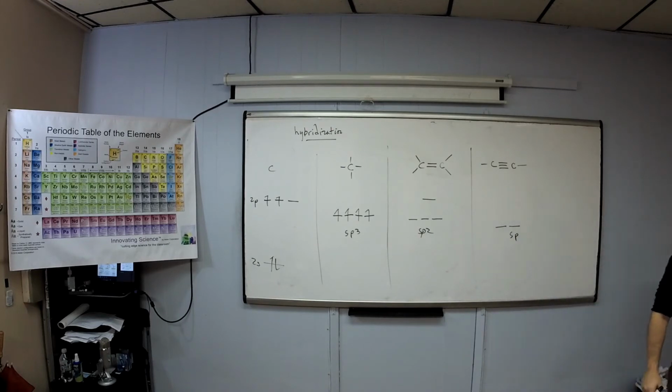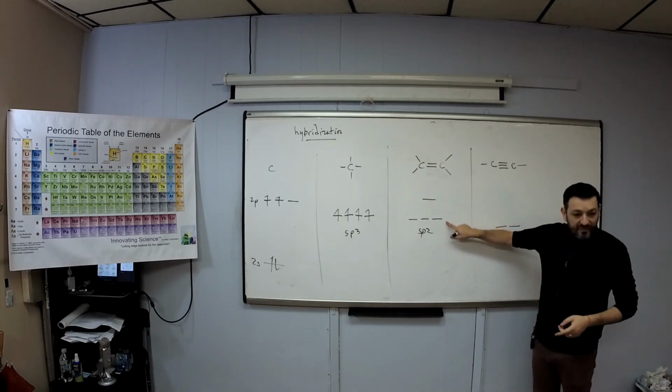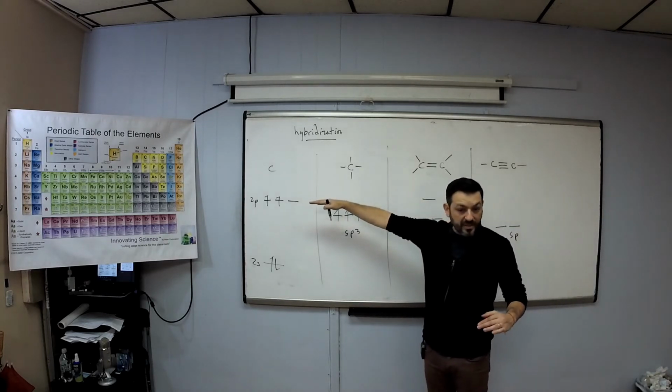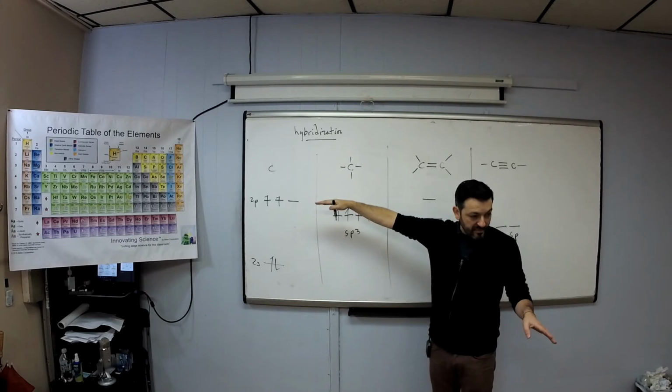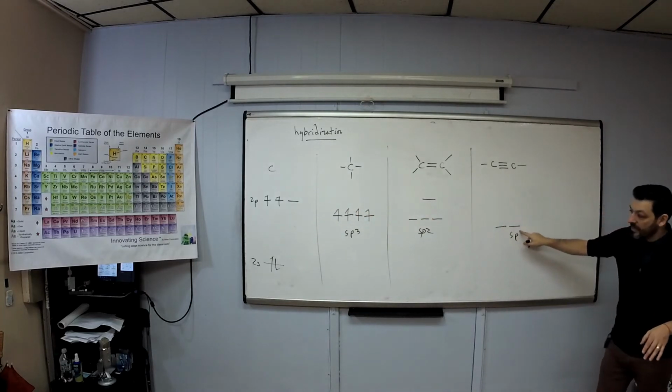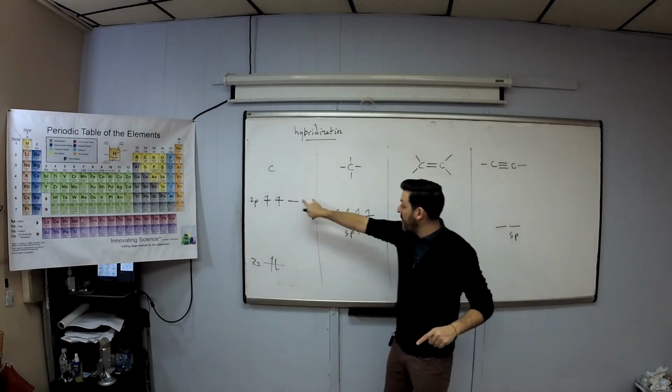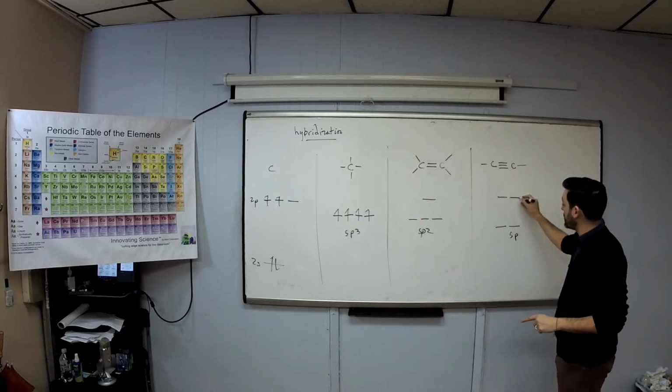The other orbitals don't disappear. That's one of the most important parts. The other orbitals don't disappear. So you have 3 orbitals that are hybridized, sp2. And that means you have 1 orbital that was just an original p orbital that didn't do anything. It didn't hybridize. And over here you've got 2 orbitals that hybridized, an s and a p. That means 2 of the remaining p orbitals didn't do anything, didn't hybridize.